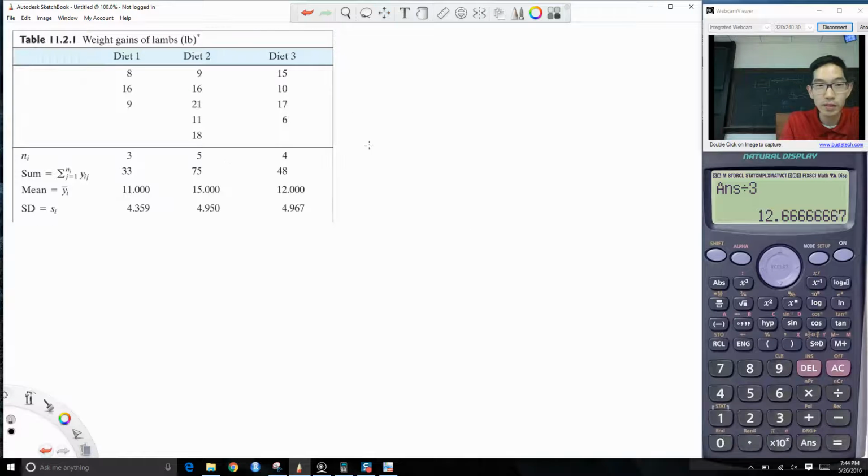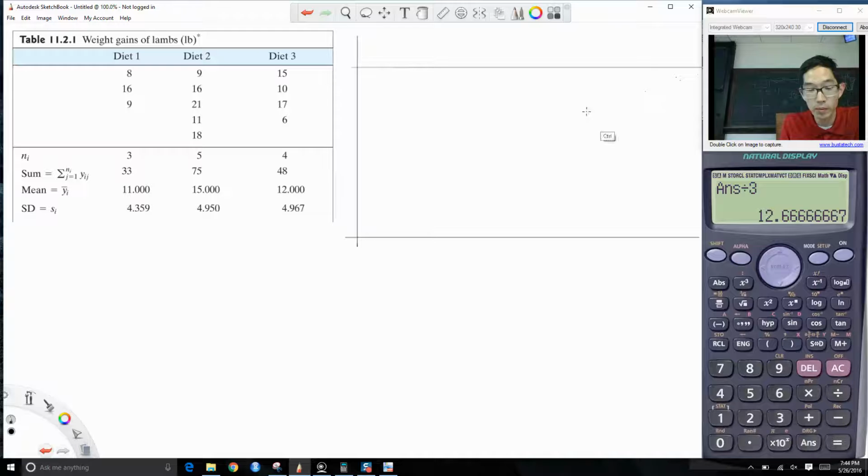Okay, so I'm going to create a dot plot here.